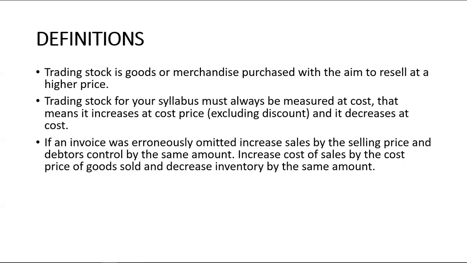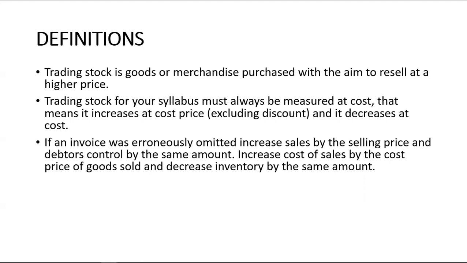So trading stock goes with cost of sales, and sales will go with debtors control if those goods were sold on credit. If they were sold for cash, then sales will go with bank. Bank will obviously go up on the debit side, and both of them will increase at selling price. However, cost of sales and trading stock must be at cost price.